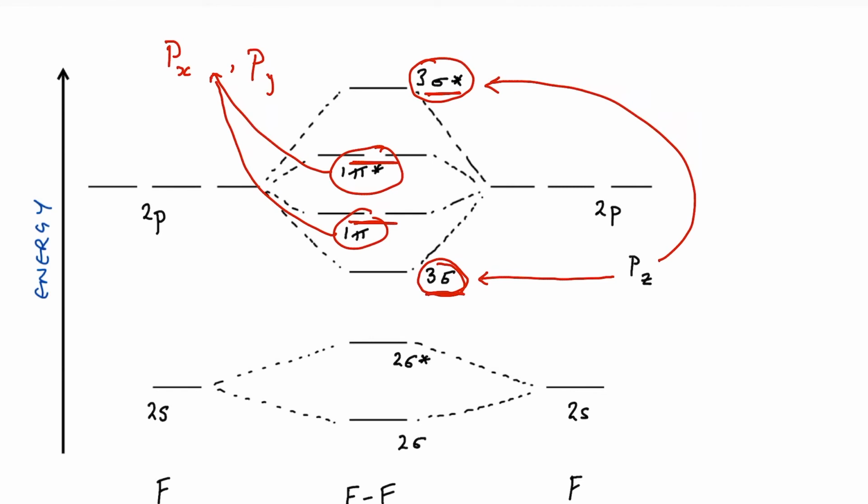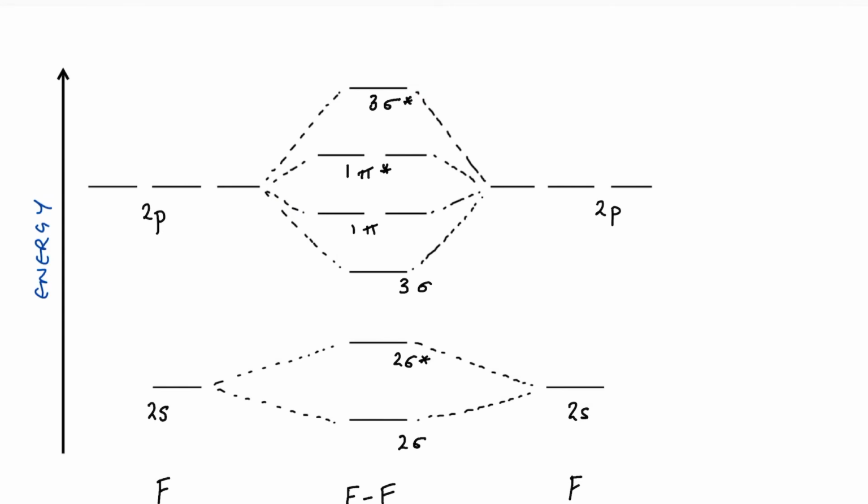Right, let's clear this diagram up a little. Let's put some electrons into this. So each of my fluorines has got a pair of 2s electrons. So we're going to fill the 2 sigma bonding and antibonding molecular orbitals. In terms of the p, we've got 5 p electrons on each of my fluorine atoms.